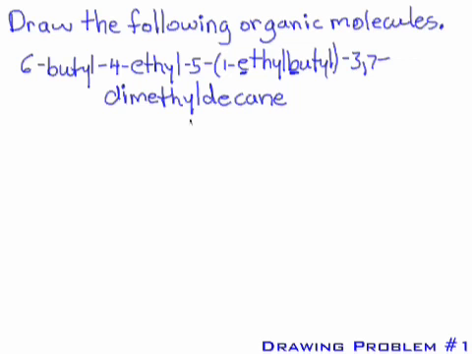A decane, you always look for the root name first, and then you put the carbons for the root. A decane is 10 carbons, so here's 3, 4, 5, 6, 7, 8, 9, 10. Now, off of carbon 6, 1, 2, 3, 4, 5, 6, there is a butyl.